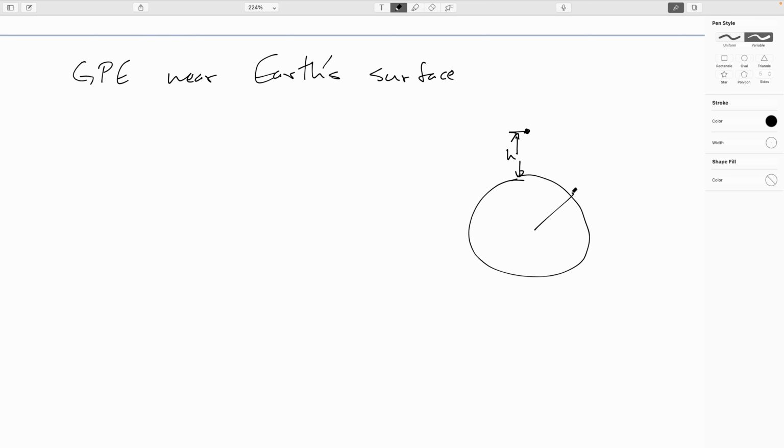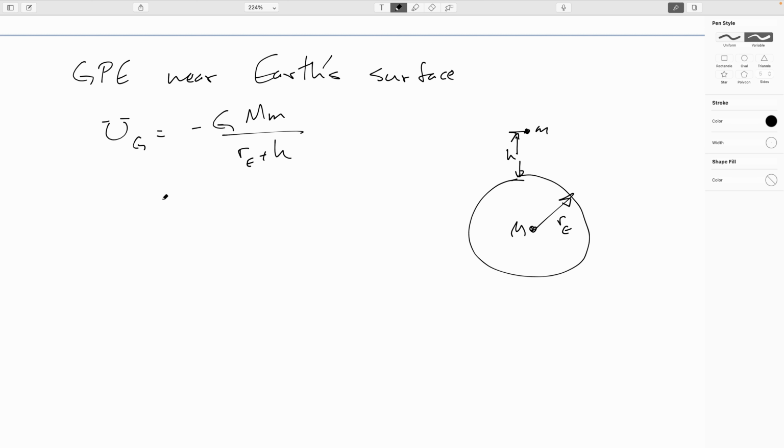Now here, we're not going to neglect this extra height. In fact, because by the shell theorem we can treat everything as center on center, the gravitational potential energy is minus G, mass of the Earth, mass of the object, over this distance, not squared, just this distance, which is the radius of the Earth plus h.